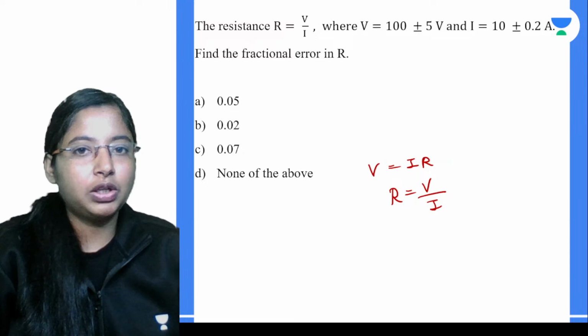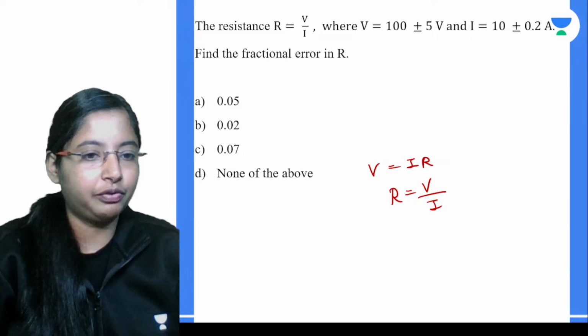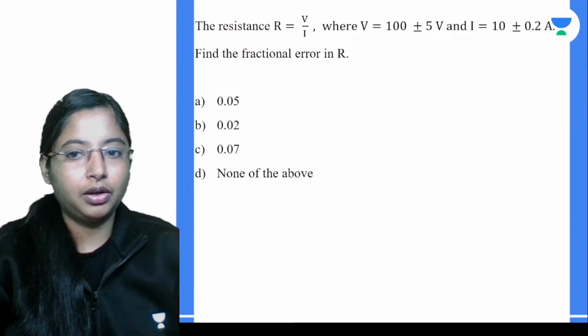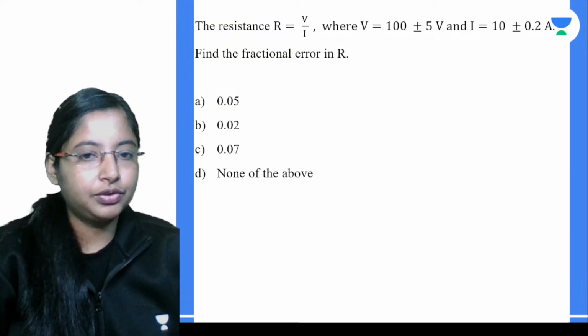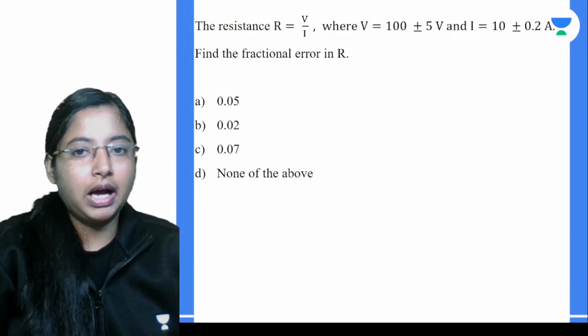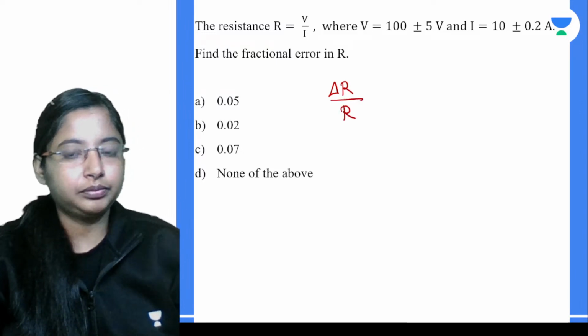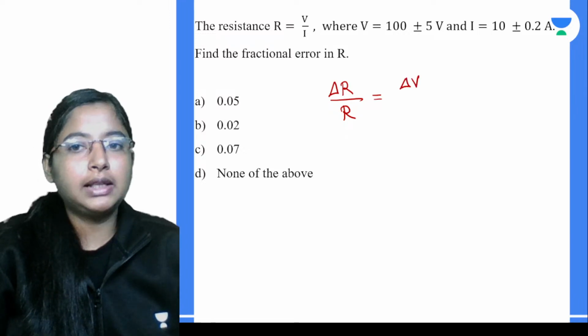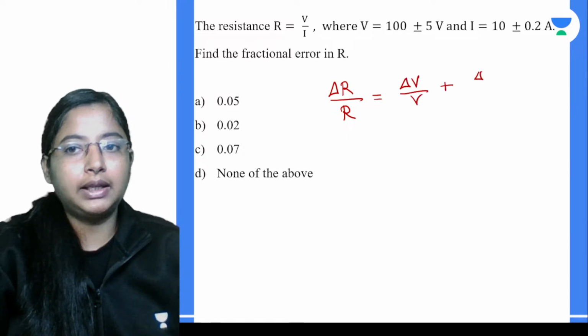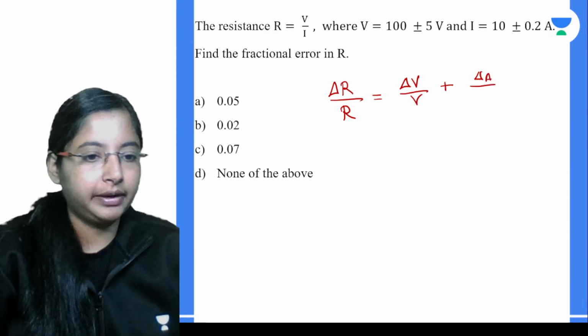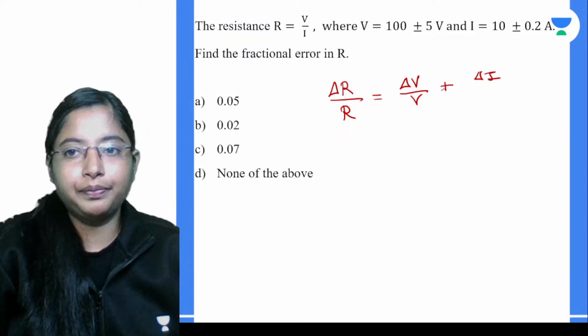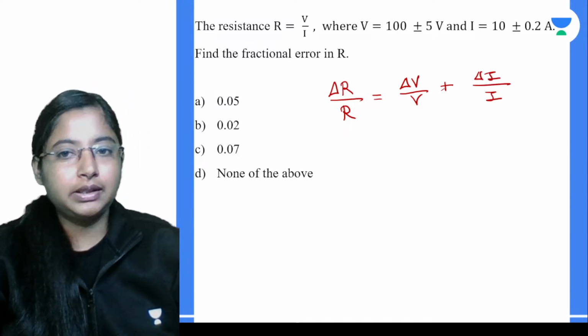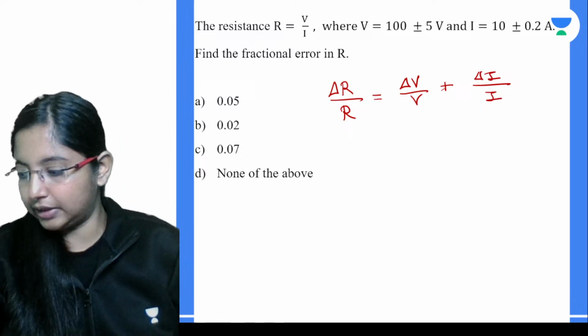We want to find the fractional error in R. They are asking us to find delta R by R. Delta R by R will be delta V by V plus delta I by I. Let's not worry about the units. That's all you have to find the fractional error over here.